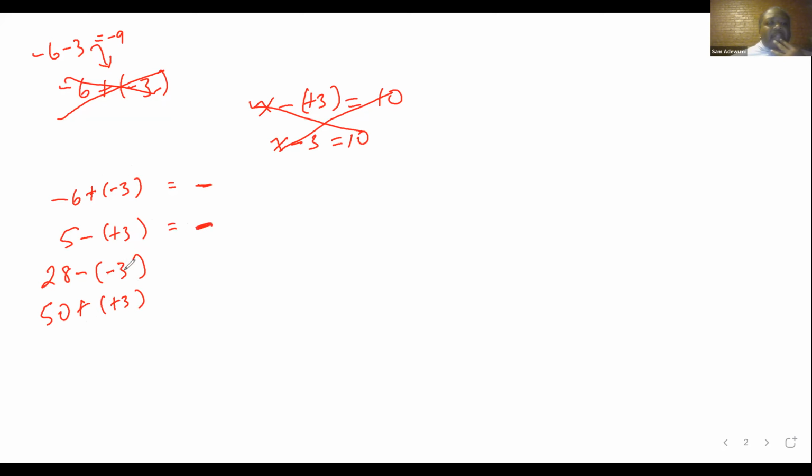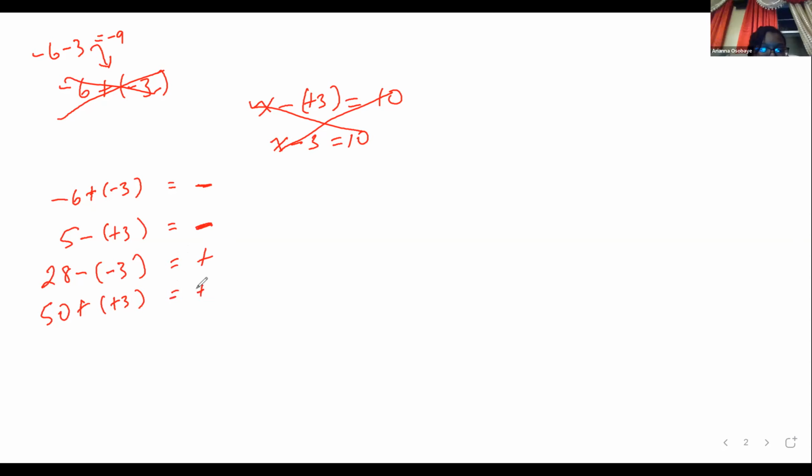What do y'all think a minus and a minus is going to give us? Anybody with me? A plus. A plus, thank you. And what do you think a plus and a plus is going to give me? A plus. It's going to give me a plus.